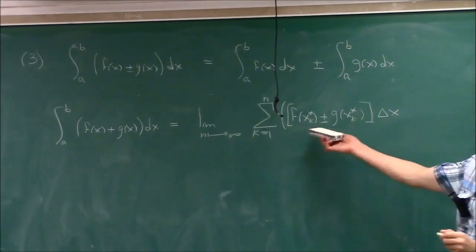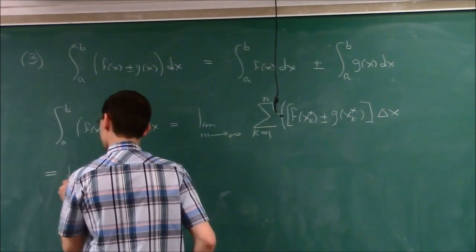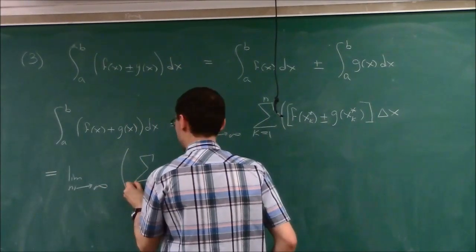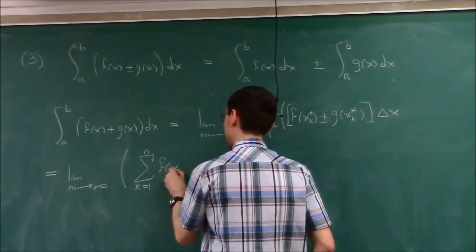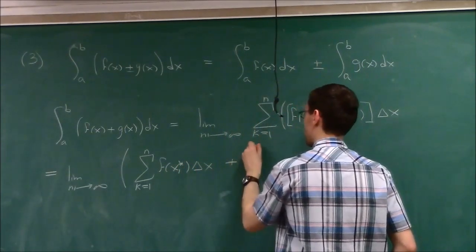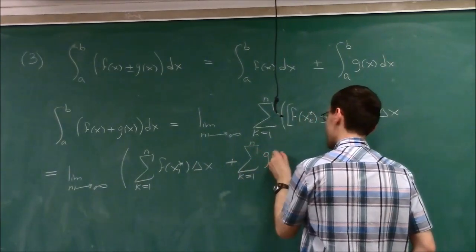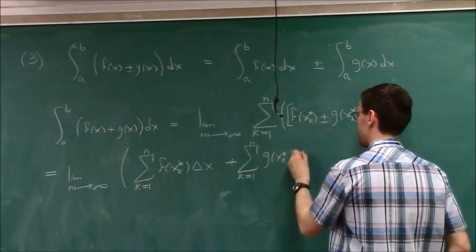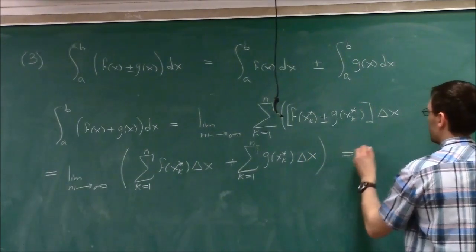Now you see, if you expand the sum, it's very clearly just two sums. So make sure that you see this. Which is then, when you distribute the limits, just the two integrals.